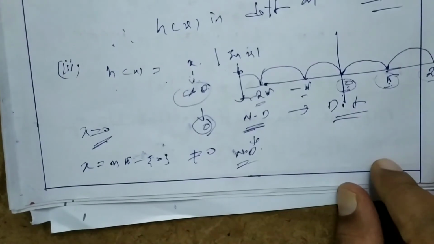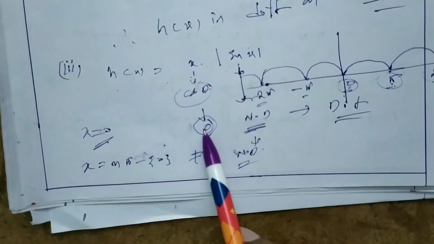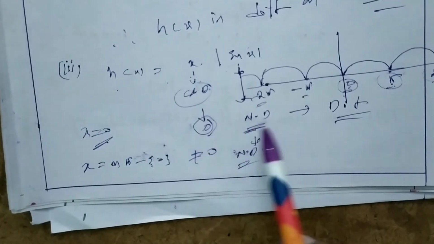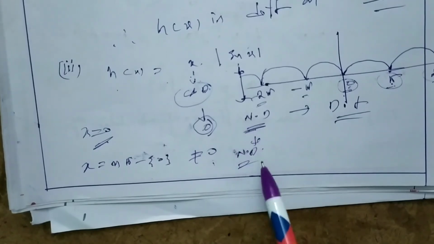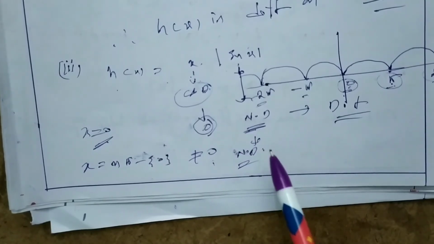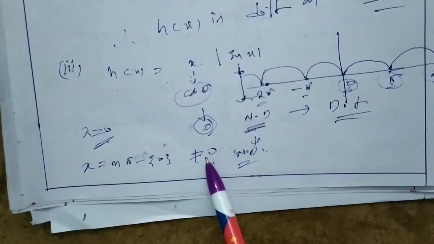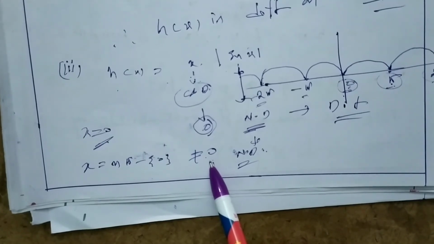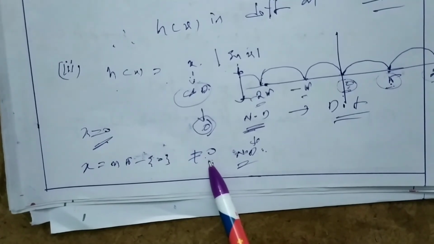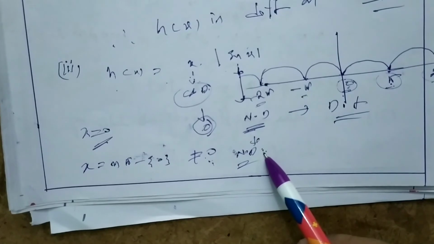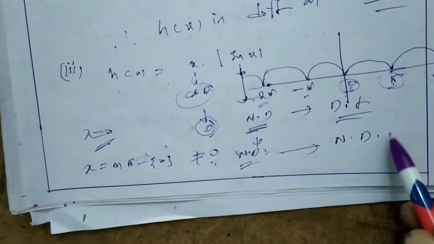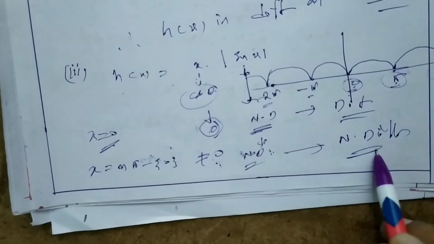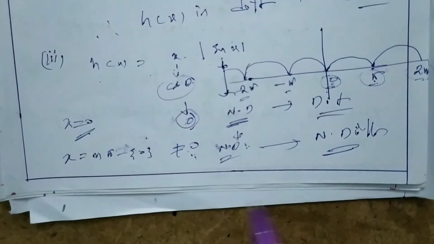So by theorem, what can you say? First function should be differentiable and the second one differentiable for the product function to be differentiable, but here the first function is not equal to 0, second function is not differentiable. In that case the product function is not differentiable at x is equal to n pi except 0.